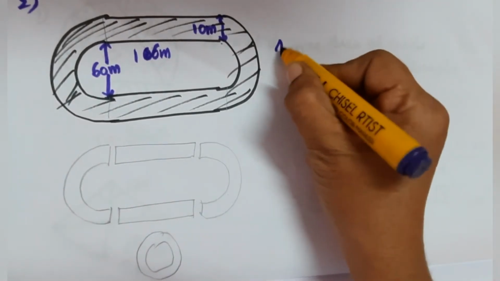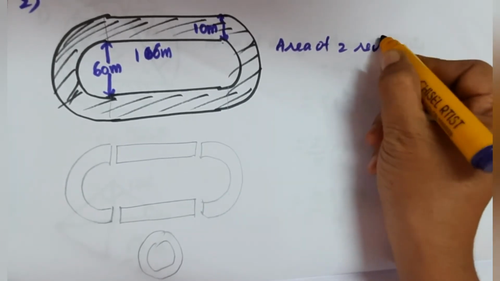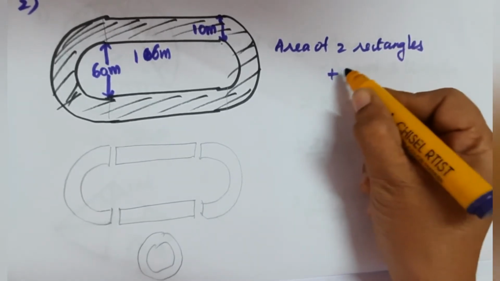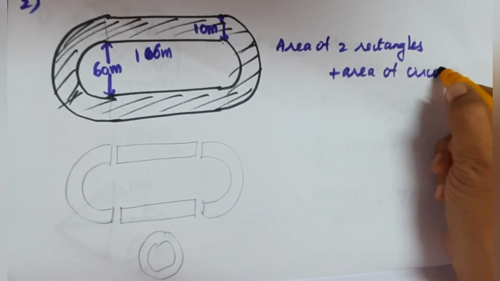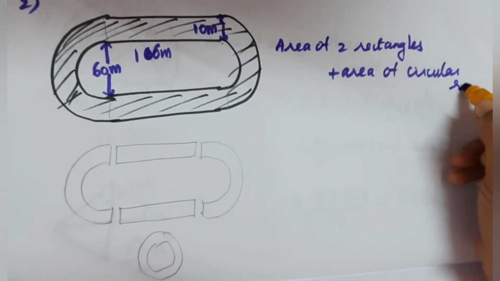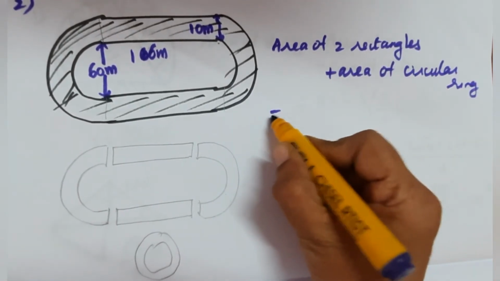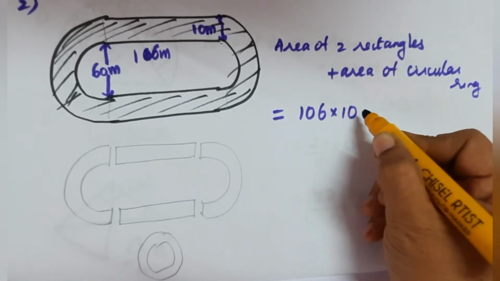That is area of two rectangles plus area of circular ring. Area of these two rectangles is nothing but 106 into 10, the length times the width of one rectangle.